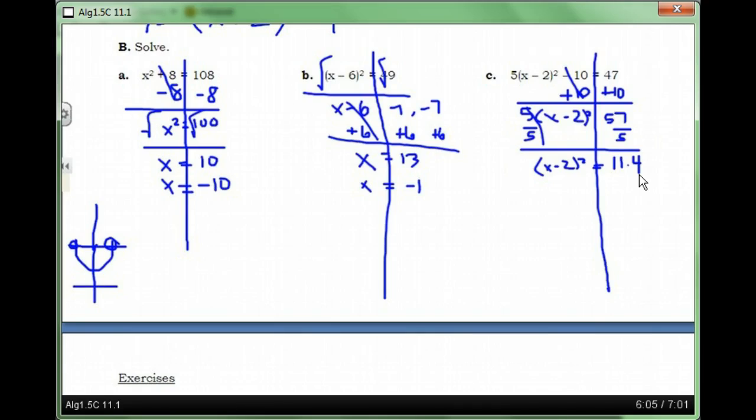Then I want to do the square root. I'm going to square root on both sides, and that will cancel the square here. So I have x minus 2 left on the left. The square root of 11.4 is 3.38.